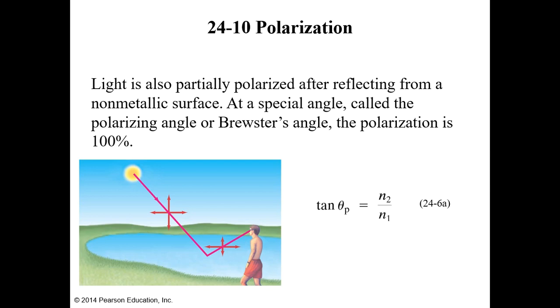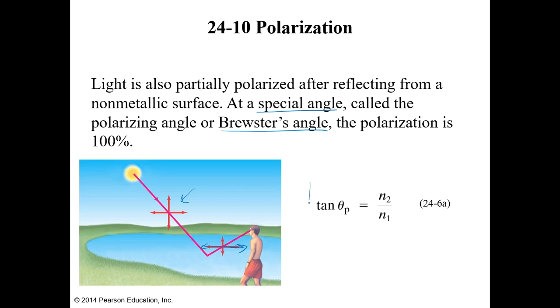Because of the chemicals of water, the water molecule, it takes some of that previously unpolarized light and polarizes it so that horizontally oriented light waves are allowed to be reflected, and only some vertically oriented light is allowed through. But at a special angle, which we call Brewster's angle, that polarization becomes 100% effective, meaning only the horizontally polarized light is reflected.